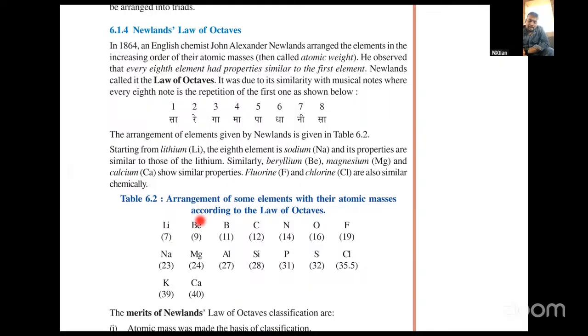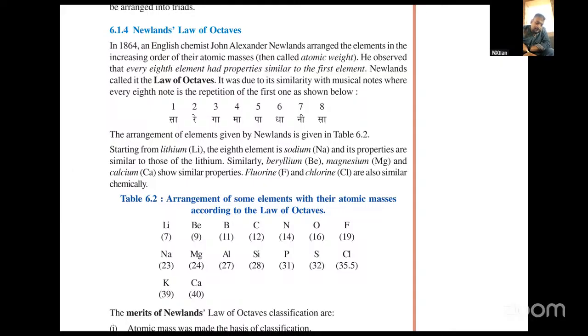In the same way, Be is beryllium, Mg is magnesium, Ca is calcium. They also have similar properties. Boron and aluminum also have the same type of property. Carbon, silicon, nitrogen, phosphorus, oxygen, sulfur, fluorine, chlorine. These are in the same group.